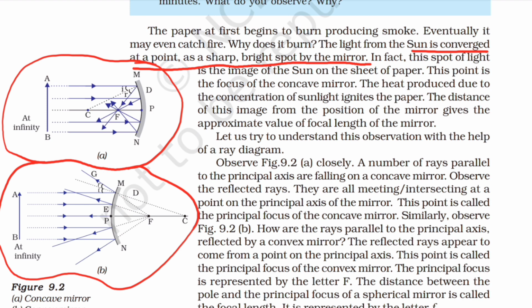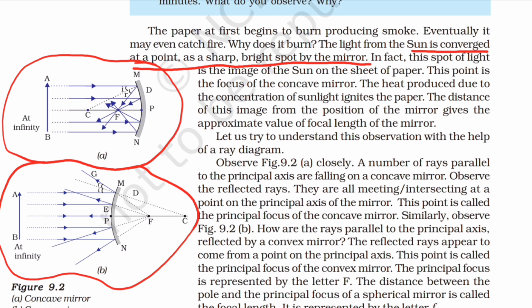All the radiation of the sun is converged at a particular point as a sharp bright spot by the mirror. In fact, this spot of light is the image of the sun.